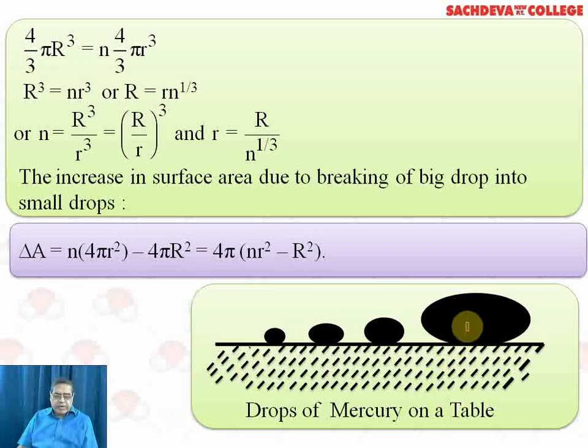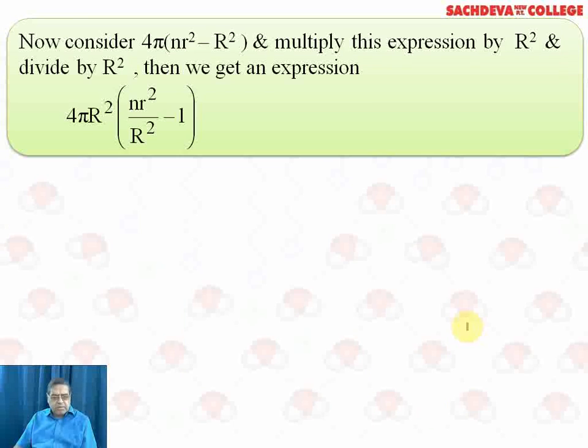As the weight goes on increasing, the surface tension effect will be more, so we will find that the larger drops are flat, whereas smaller drops are spherical.